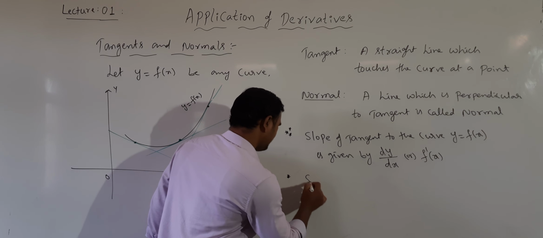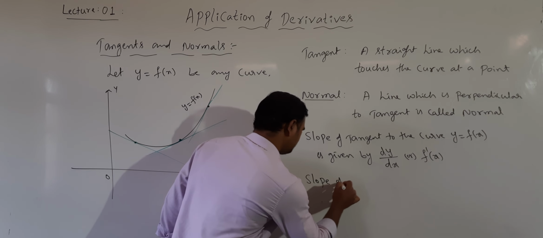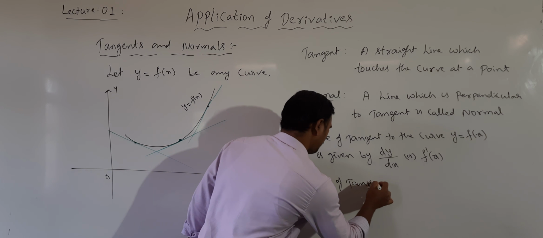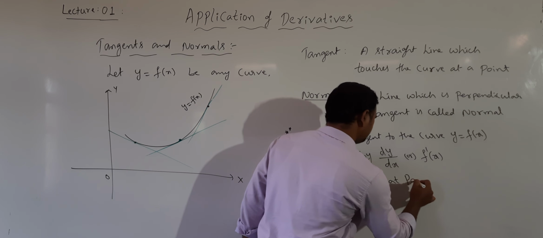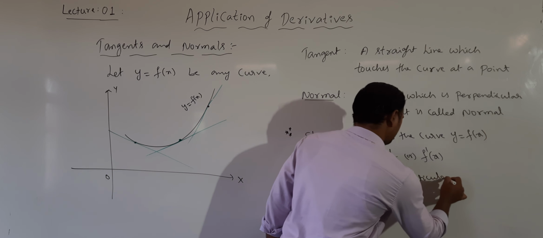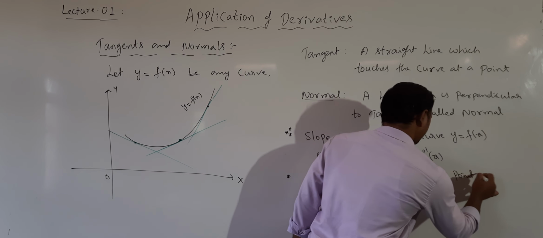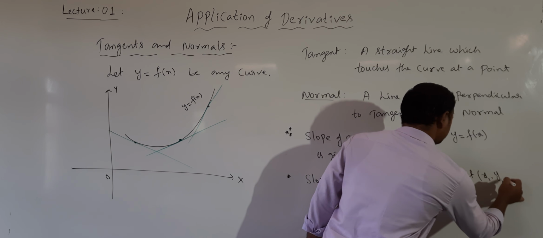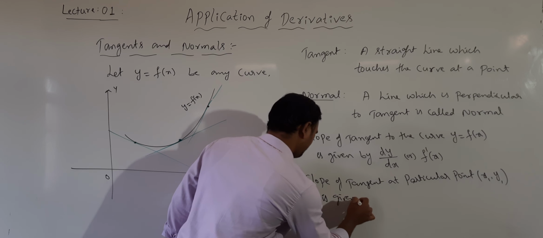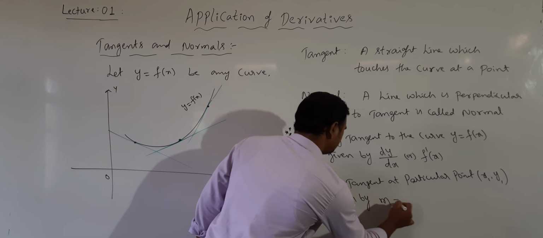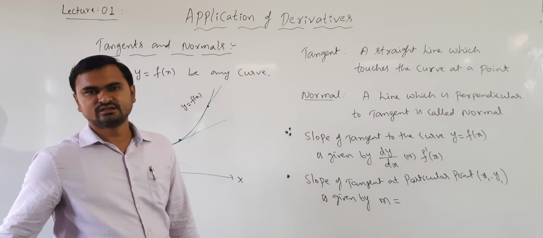So slope of tangent at a particular point, suppose we take (x1, y1), is denoted by m.